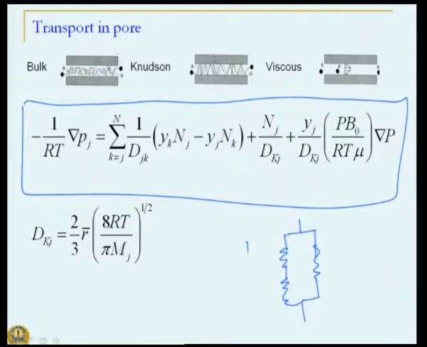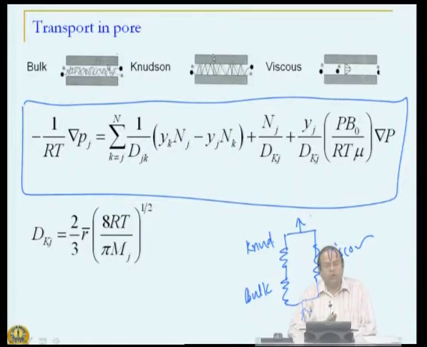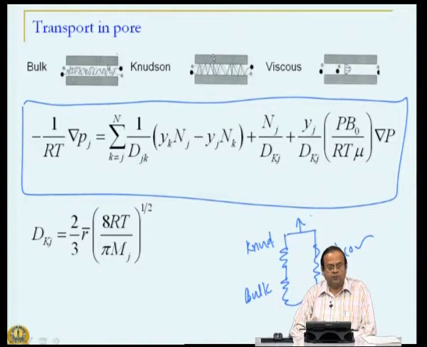So, this is your Knudsen diffusion, this is your bulk diffusion, and this is your viscous force, and this is the flow. If you take that model, finally we end up with this kind of representation. The point I am trying to make here is that there are various different factors which contribute to the diffusion.